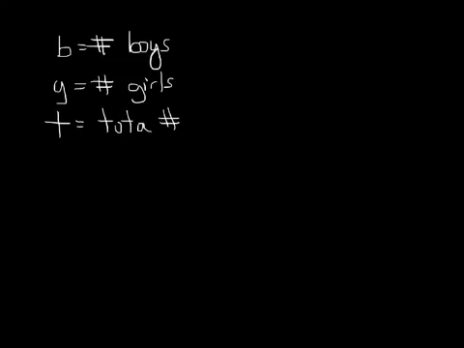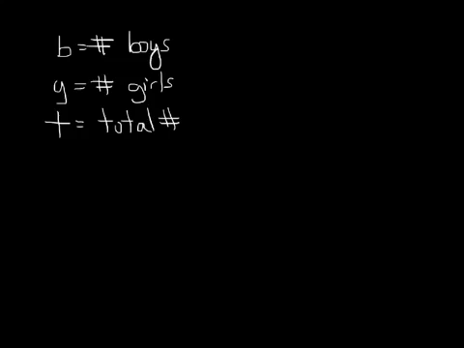Okay, so suppose that I said in this classroom there are 5 times as many boys as girls in the class. How could I write a rule that describes how the variable B is related to the variable G? Remember, I said there are 5 times as many boys as girls in the classroom.